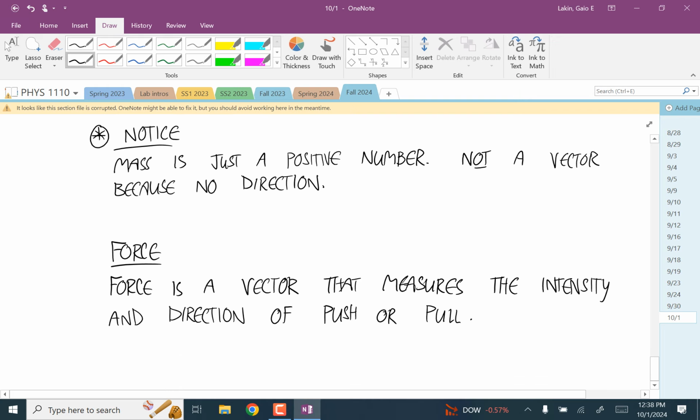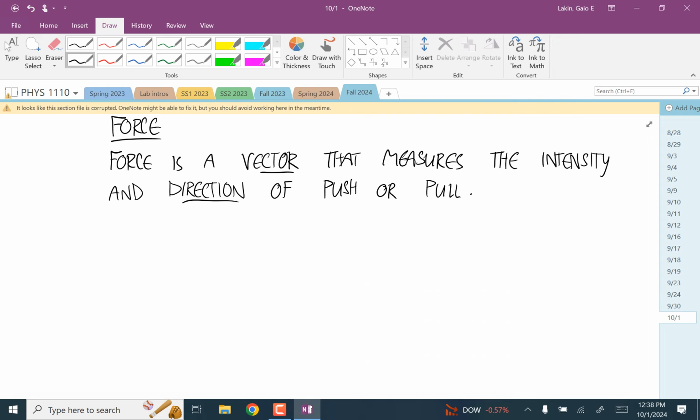Okay, so this one is a vector. That's because it has a direction. So you can apply a 50 Newton force, or like I said, pounds is a measure of force. So you could apply a 50-pound force to something this way and shove it against that wall, or you could apply it this way and shove it against that wall. Mass is different. Mass doesn't have any direction.